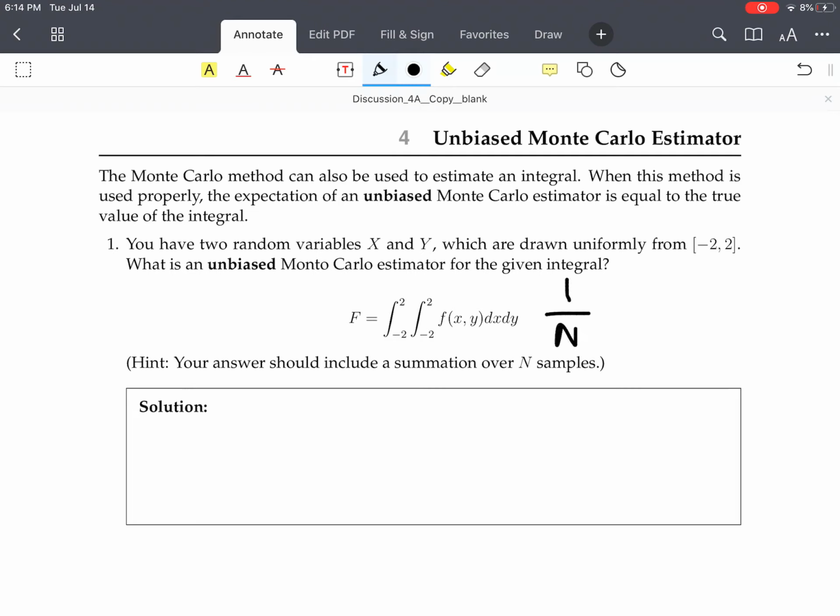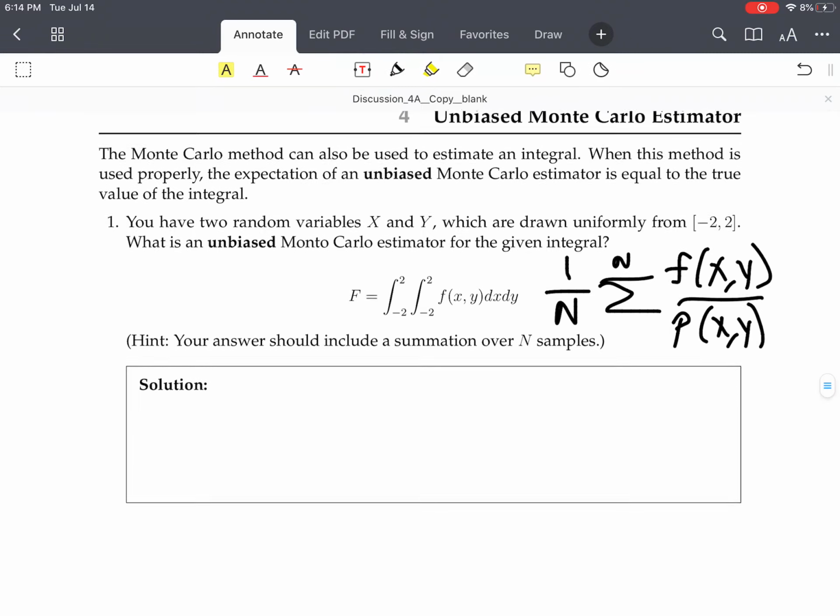It's going to be 1 over n, we sample n times, and then it's f of xy over p of xy, where p is the probability of getting this specific sample.